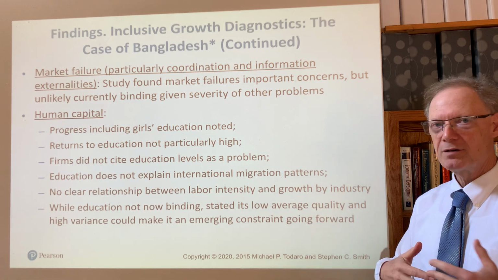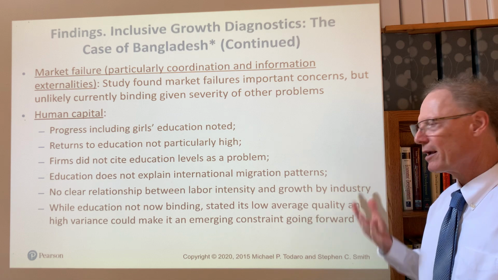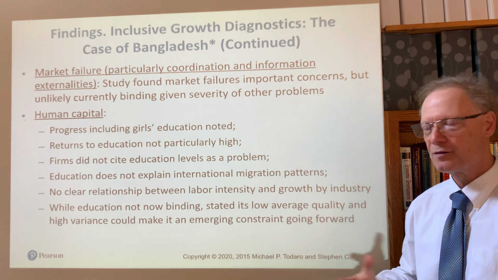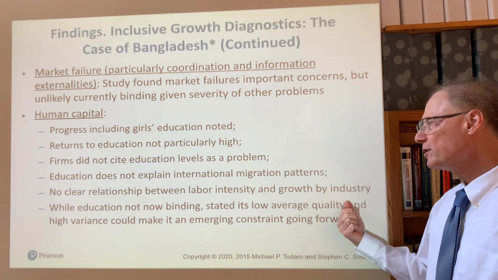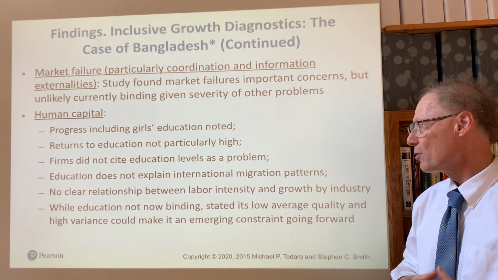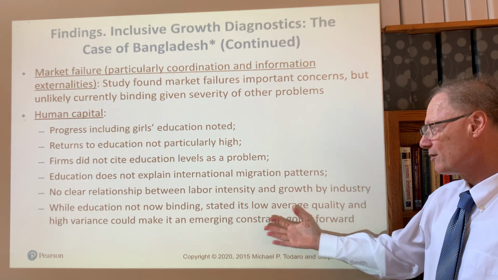So education is not what's explaining international migration patterns, for example, who is going to work in the Middle East and so on. No clear relationship between labor intensity and growth by industry, which is related to education.